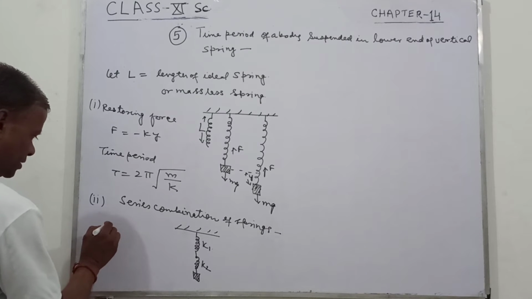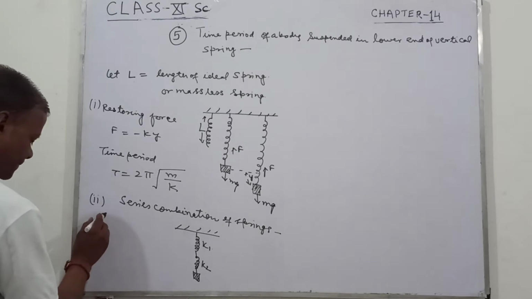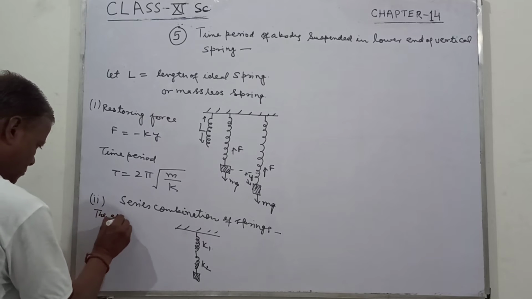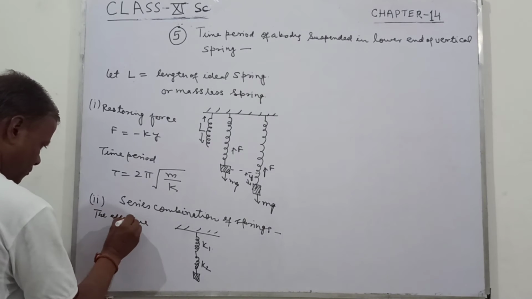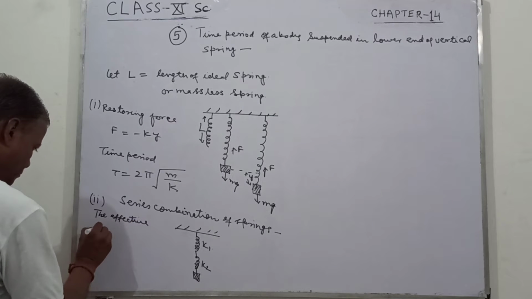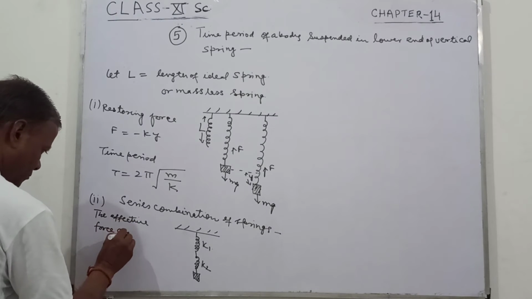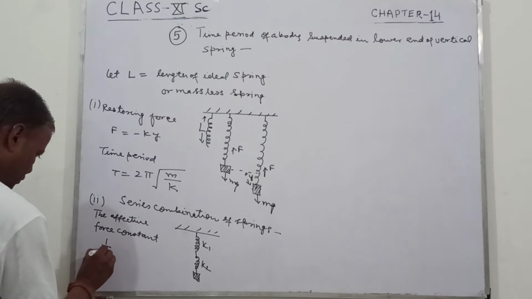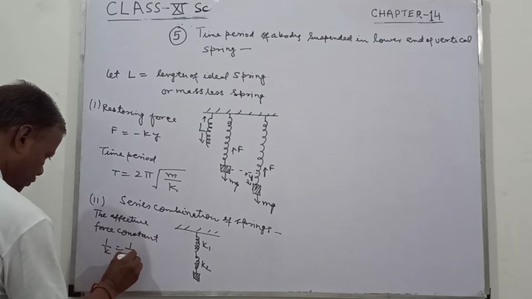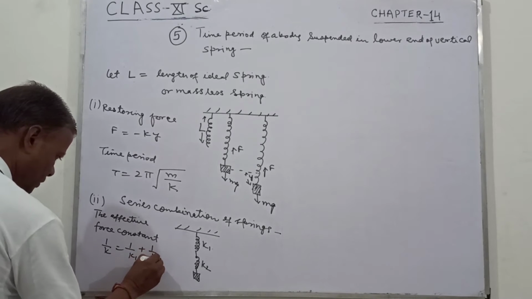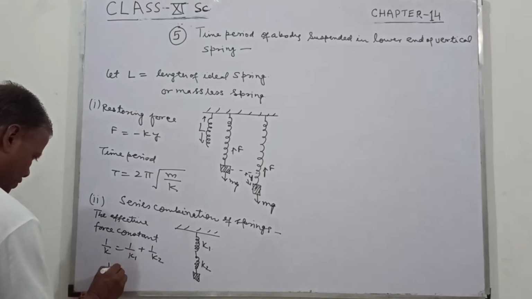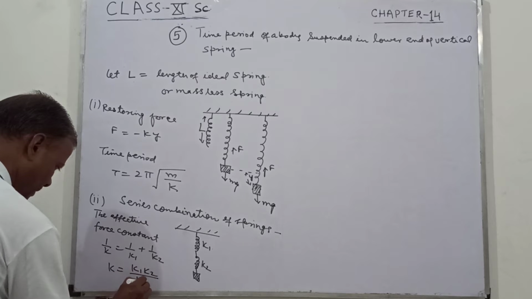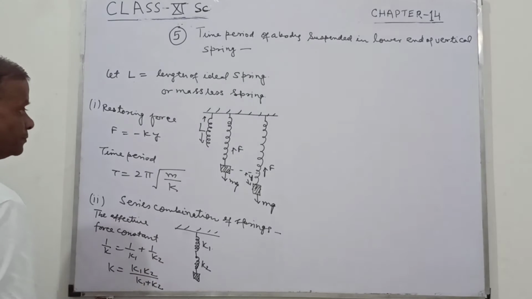Then in this case the effective force constant is given by 1 upon K equals 1 upon K1 plus 1 upon K2. So K equals K1 K2 upon K1 plus K2.